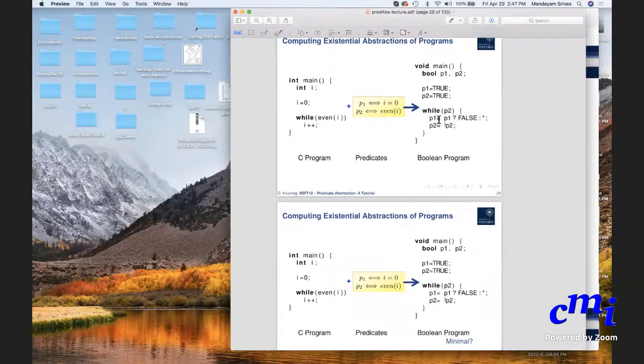And that's why that is the challenge. So you will have to construct that abstract transformer without that information about how the program behaves for all iterations for this particular initial state.